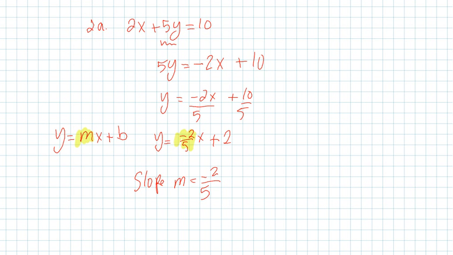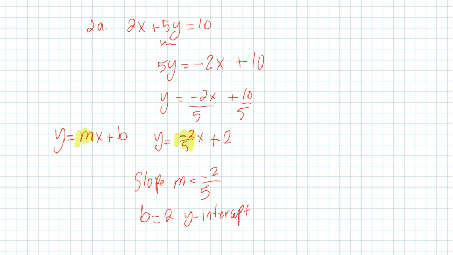And what is b? What is the letter b? b is equal to 2, and it represents the y-intercept. So you see how we went from this, which is semi-standard. The only difference between this and the standard form is that if you bring the 10 over, it becomes fully standard, exactly like this.